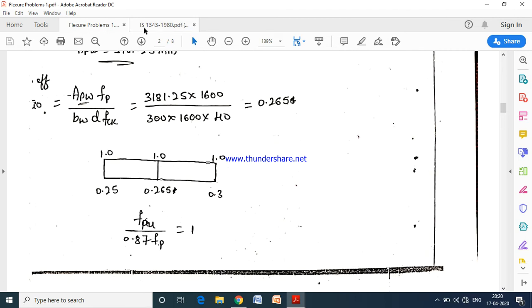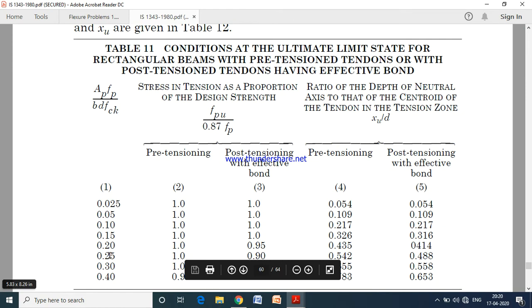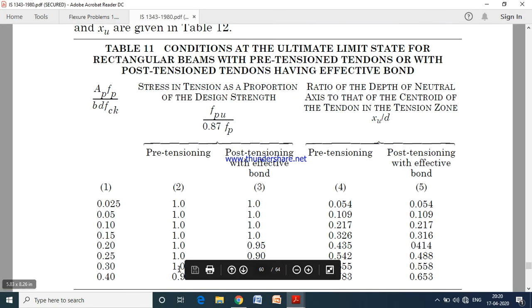Again refer the same table, 0.25 and 0.24, both we have 1. So here our value is 0.26. Okay, so 0.3 also 1 is there.